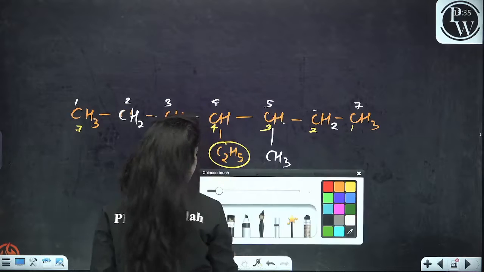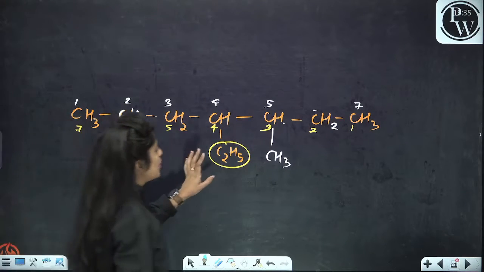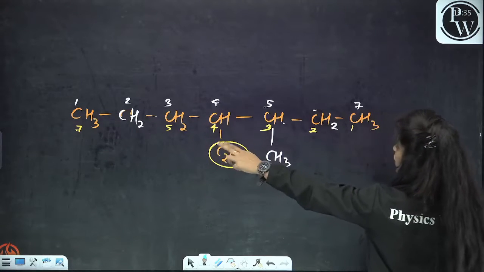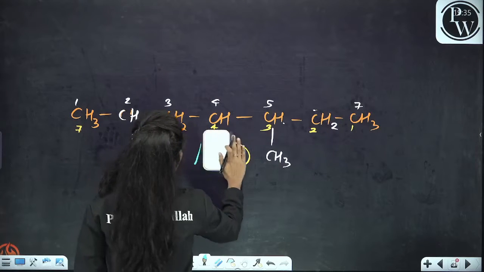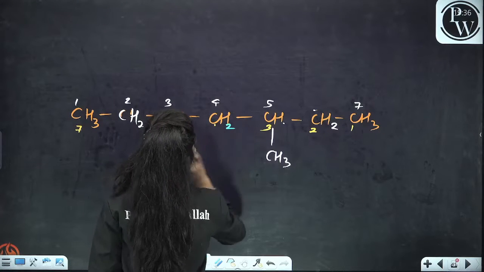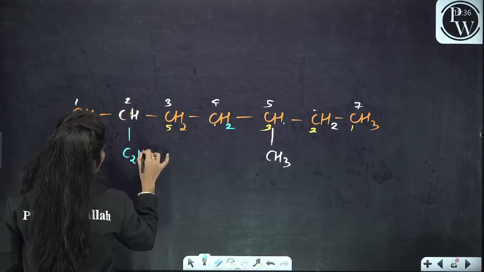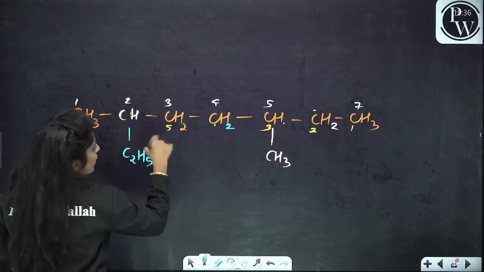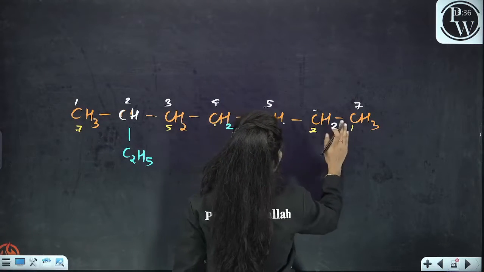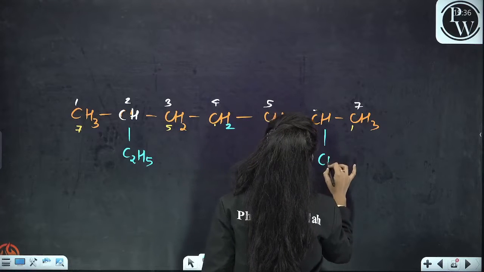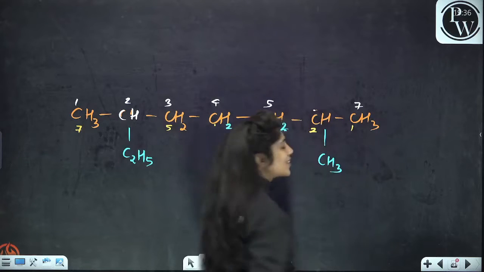Okay. Let's name it. Simply, we are going to name it. So 1, 2, 3, 4, 5, 6. So it's like this way. Now we are having this should be here, C2H5. Okay, done. And we will be having it here, CH3.